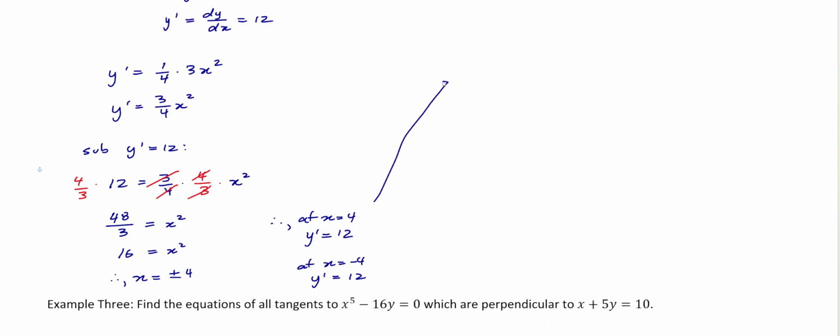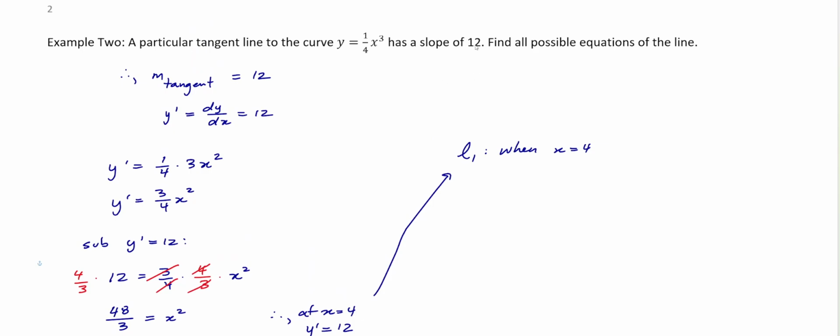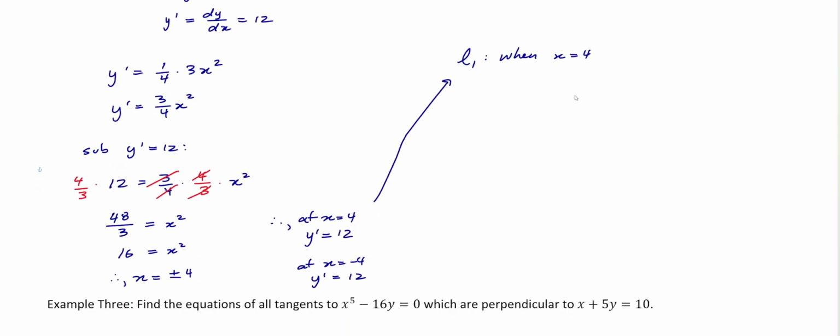So here we go. I'm going to do my first line. This is going to be line 1, and that's when x is equal to 4. The first tangent has a slope of 12 when x is equal to 4. So when x is equal to 4, I need to find my y value. I'm going to sub 4 into the equation of the curve.